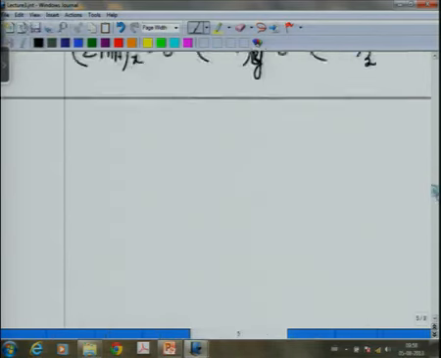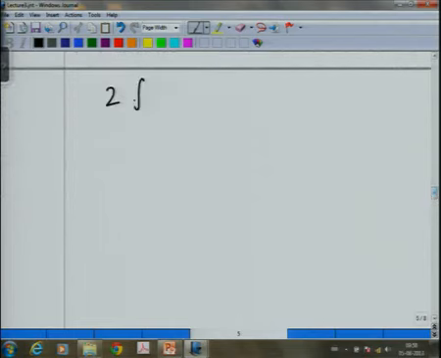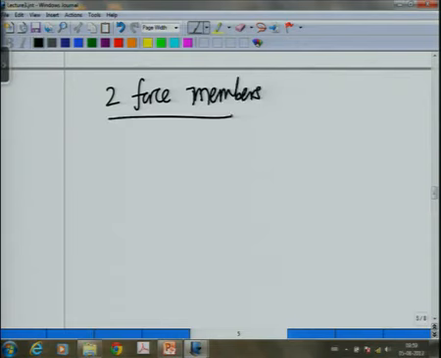And this is what I call two force members.